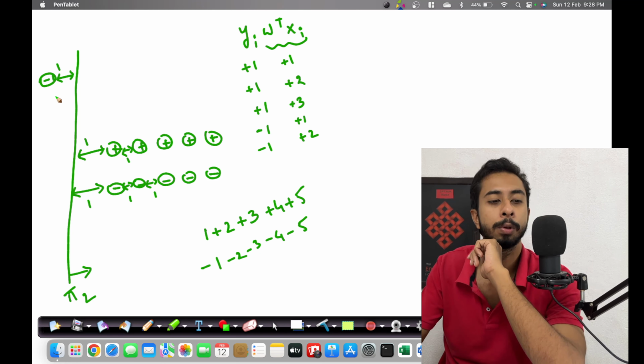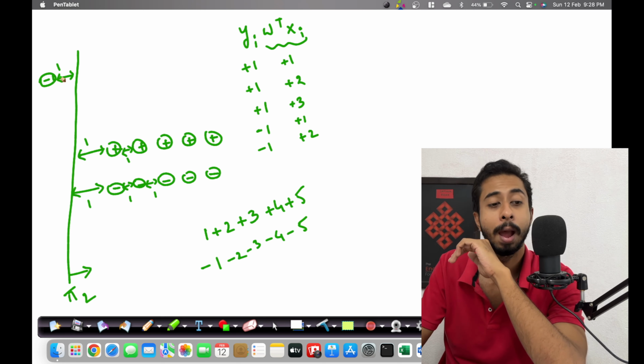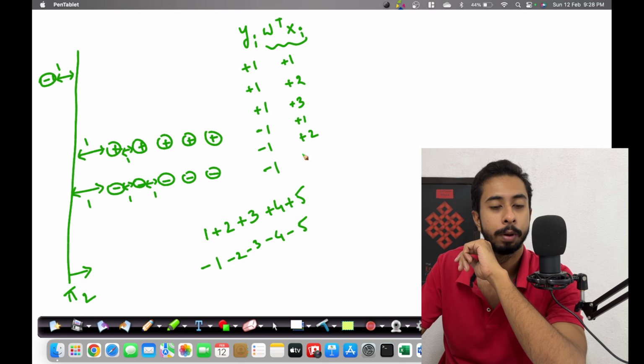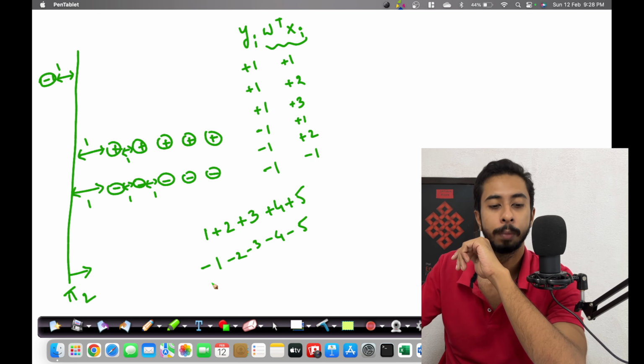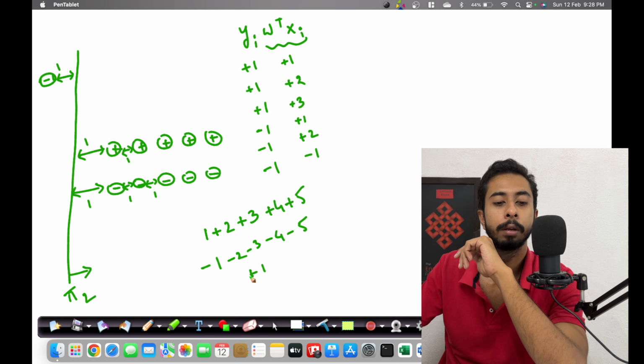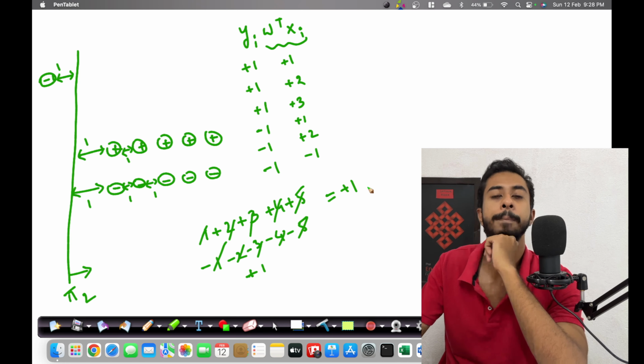Done. What about this point? This point is on the negative side of the plane and it is a negative point. So the class is negative, and the distance is on the negative side, so it is -1. So it will be -1 into -1, +1, right? So you can see we can cancel this all out. So we have the result as +1.